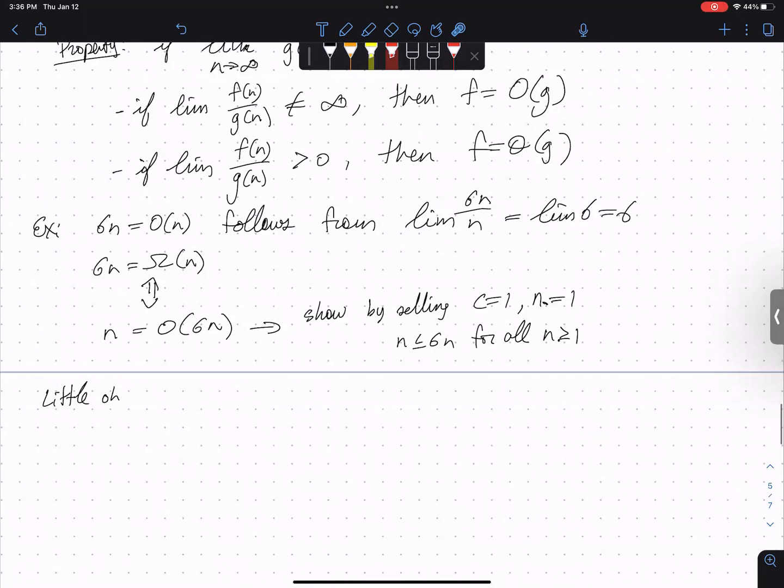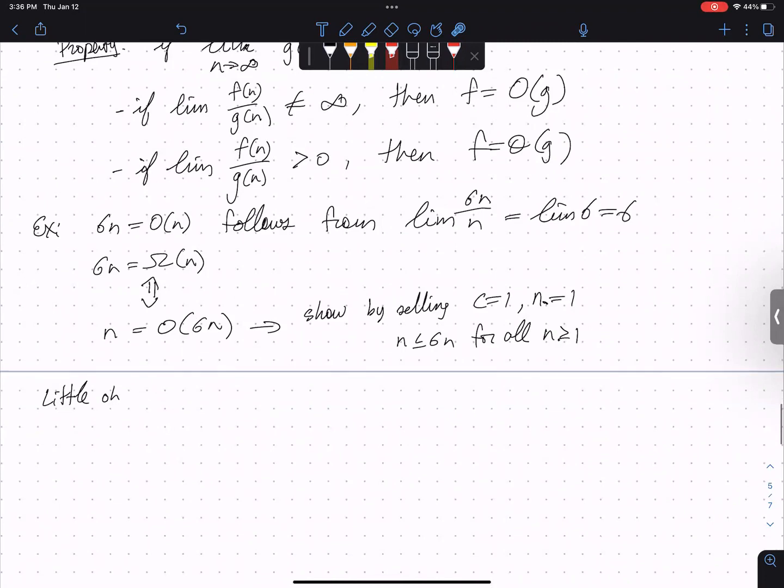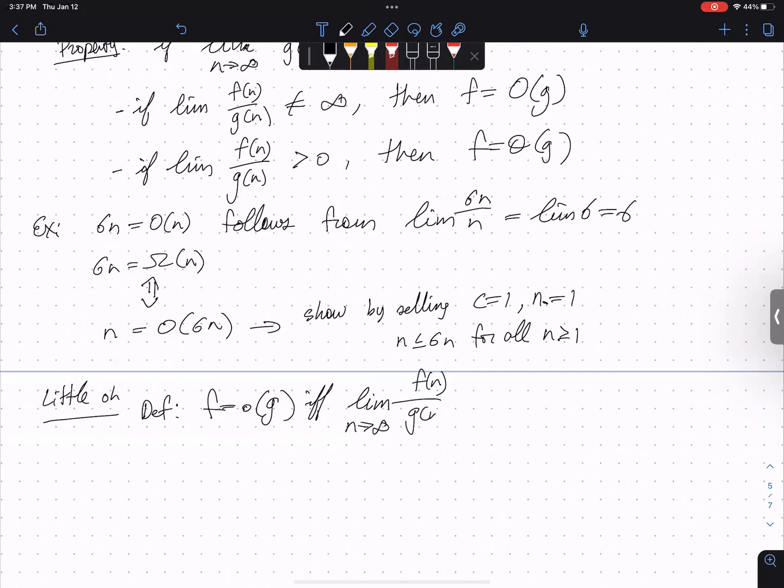And here we'll define it using a limit. So the definition is that f equals little o of g if the limit, again, as n goes to infinity, of f of n over g of n equals 0.